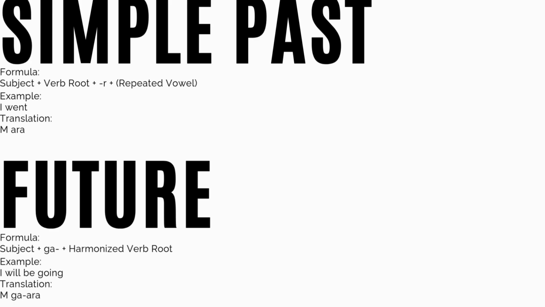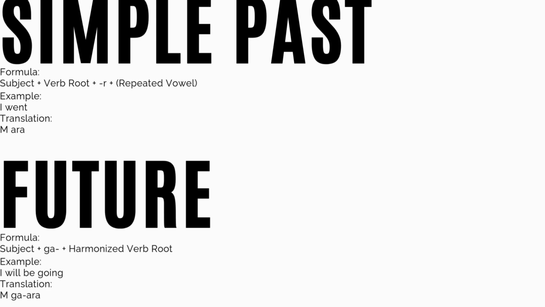I want to go over two other tenses really quickly. Simple past, something that has already been done, and future tense, when something will eventually happen. In simple past, using the same sentence from before, we remove the na and replace the G in the middle of aga with an R, making it ara.